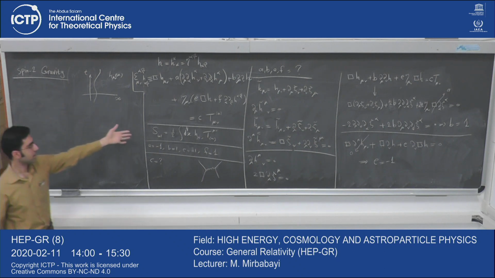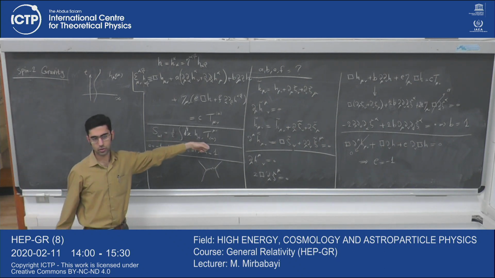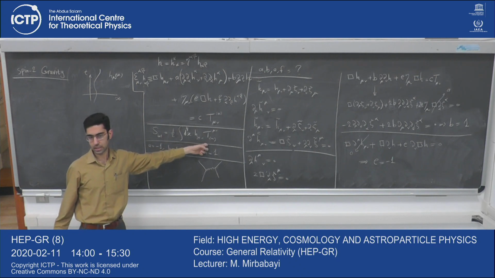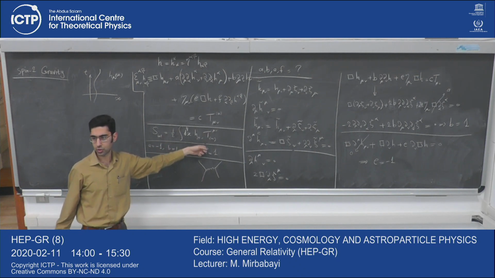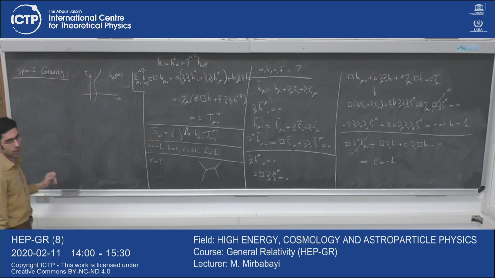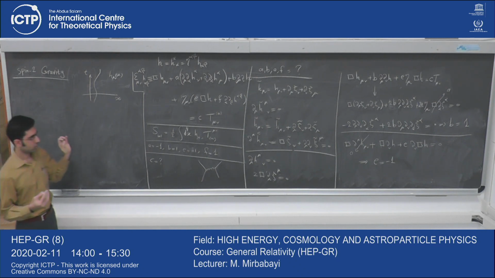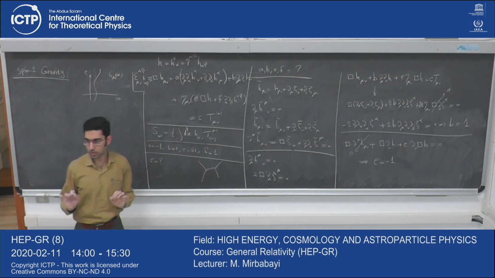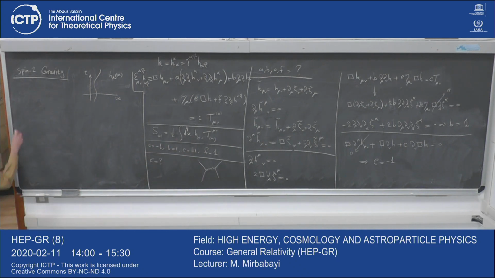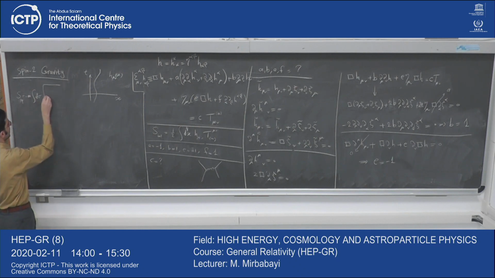I have already fixed the coupling of H mu nu to the matter fields. That already tells us how to couple H mu nu to the point particle action, because we know what T mu nu is for a point particle. So in order to reproduce this result, there is a particular term that we need to add to the point particle action. Originally we had just the free action.